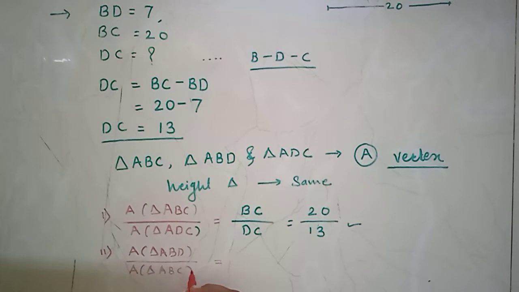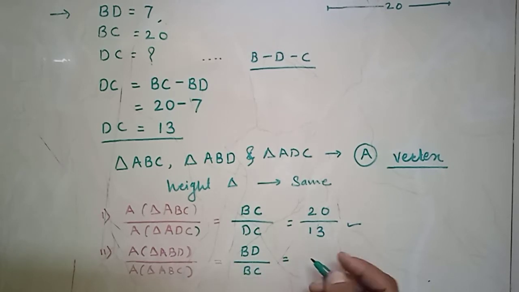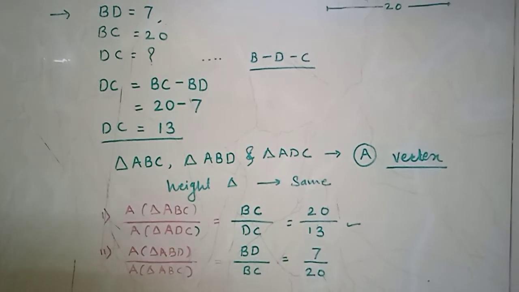Here, for the two triangles, the base of triangle ABD is BD and the base of triangle ABC is BC. We know the value of BD is 7 upon BC is 20. This is the ratio for the areas of the triangles.